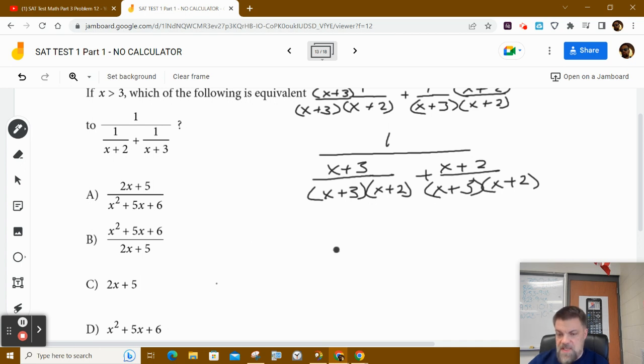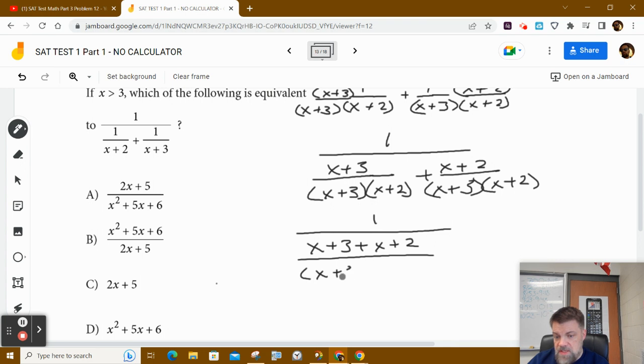First thing I'm going to do is, on the next line, I'm going to say 1 over, and in the numerator, I'm going to add the numerators up. I'm going to say x plus 3 plus x plus 2, all over this stuff here, x plus 3 times the quantity x plus 2.